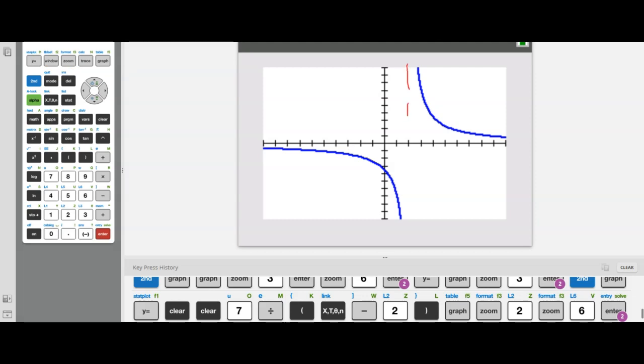So as we approach 2 from the negative side, we can see that our function is approaching negative infinity. And while we're here, we'll just look at what's happening as we approach from the positive side. We can see that our function is approaching positive infinity. We can also check this using a table.